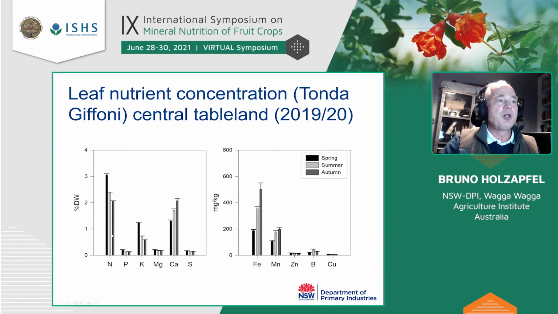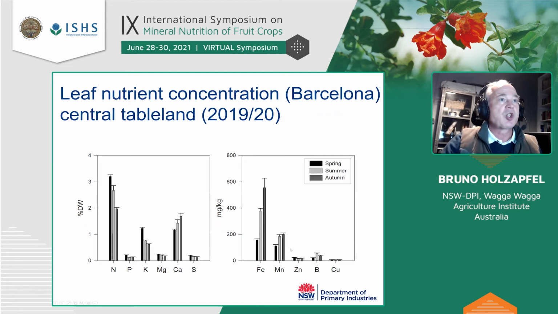And what we observed in this last season, sorry, we have the usual decline in nitrogen and potassium during the season in leaves, and an increase in calcium. And that increase is apparent also for iron and manganese.